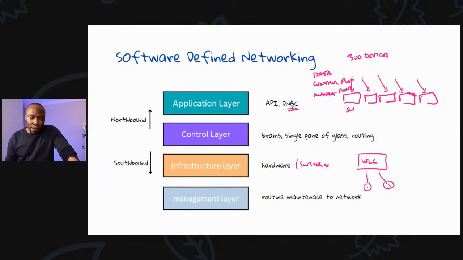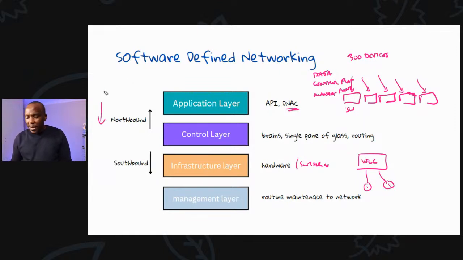Any traffic going up is northbound. And then when you're pushing commands from the application layer to the physical device, that traffic is southbound, right? So it's coming from the application layer going to the device, southbound, coming from the device going to the application layer, that is northbound traffic.